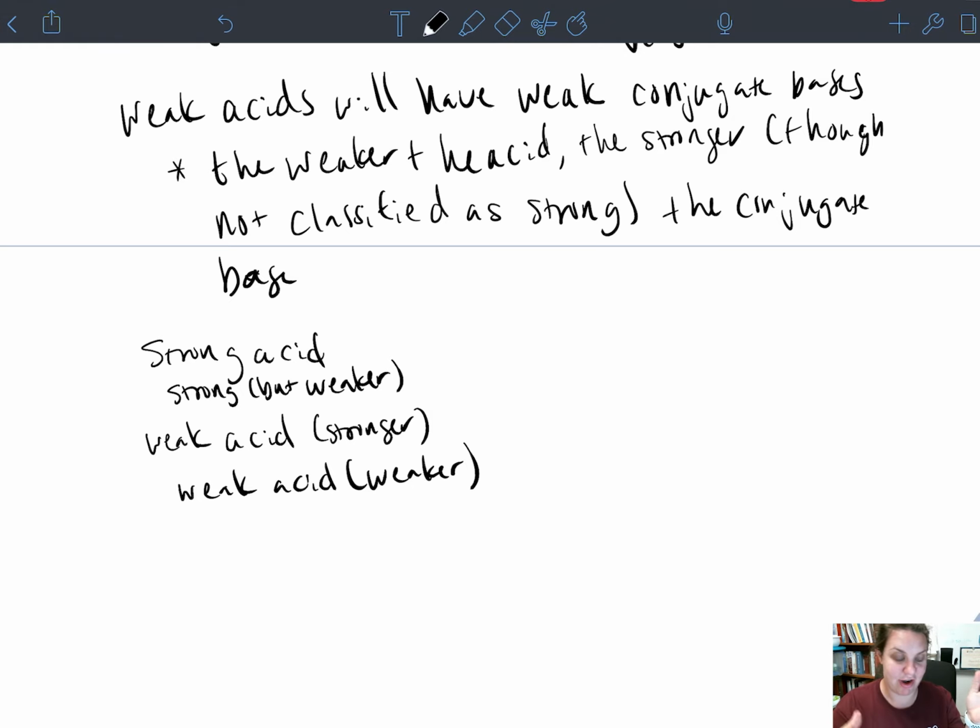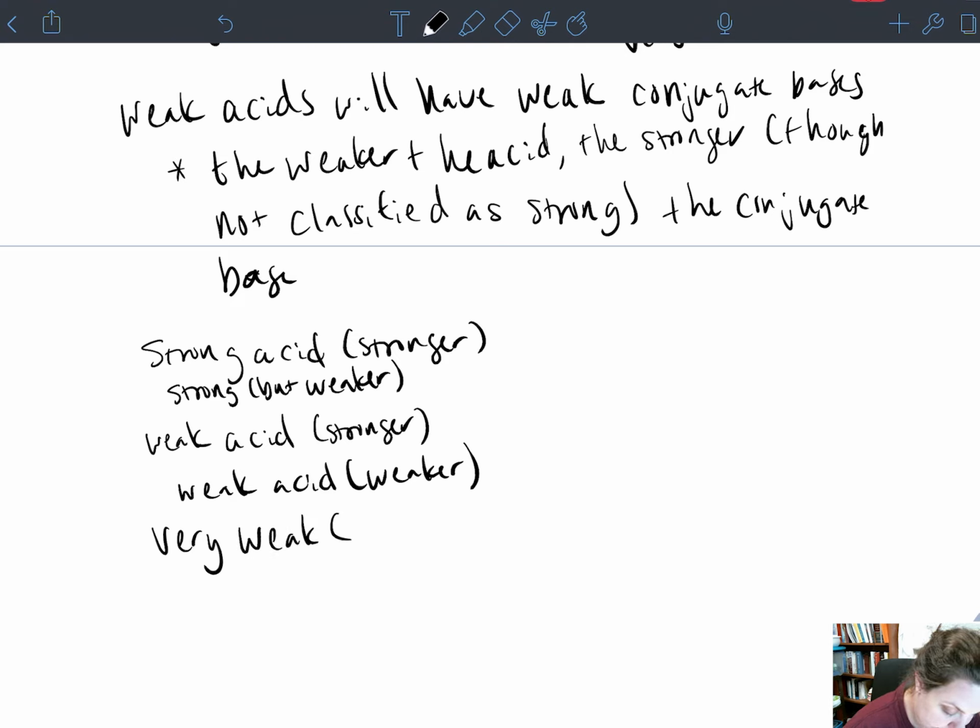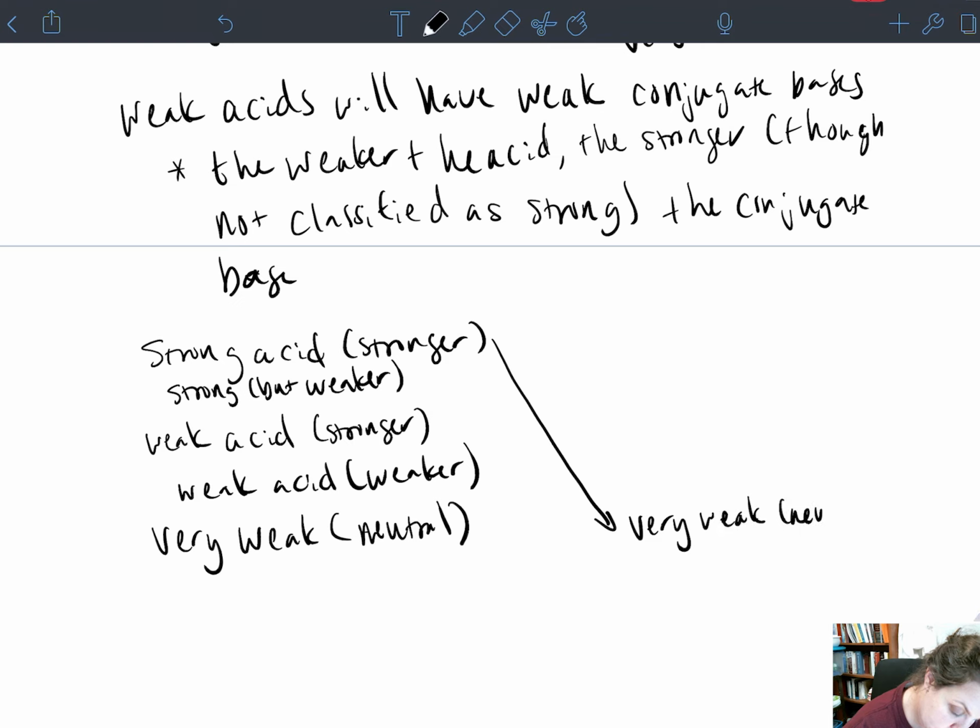Okay, so we can classify strong acids as really strong or strong, weak acids as stronger or weaker, and then we have very weak, basically neutral. A strong acid will give a very weak base.